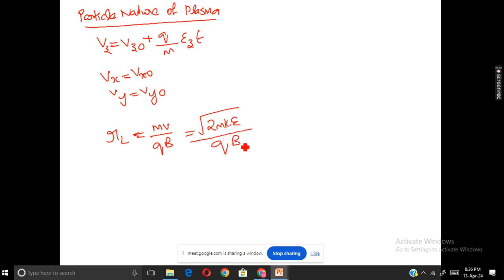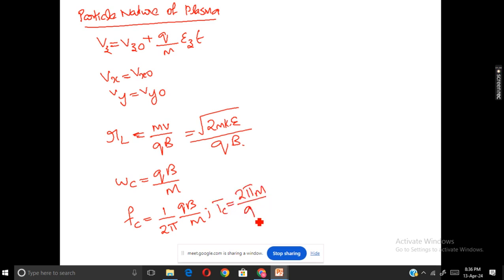This is the equation for the radius of gyration. The angular cyclotron frequency omega_c is given by qB by m, and f_c is given by 1 by 2 pi qB by m. The time period Tc is given by 2 pi m by qB.